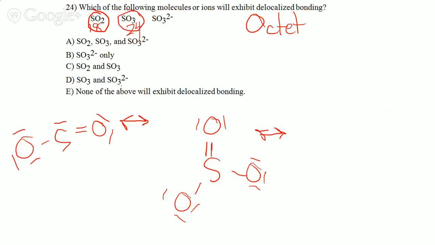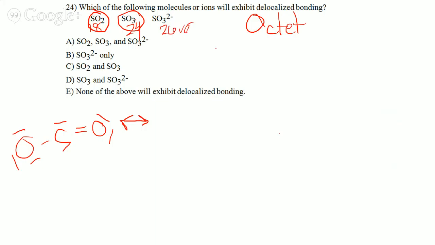Now with SO3 2-, there are structures that you could draw where it would have resonance, but based on the answer key, I think they're going by making sure the octet rule is satisfied. So you would go, well, how many electrons is that? That's going to be 26 valence electrons. So we put sulfur in the middle, oxygen, oxygen, oxygen, complete our octet.